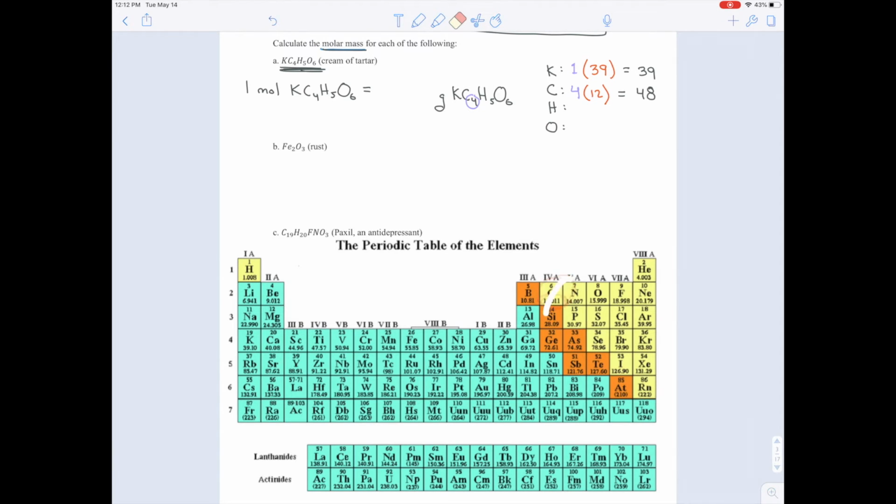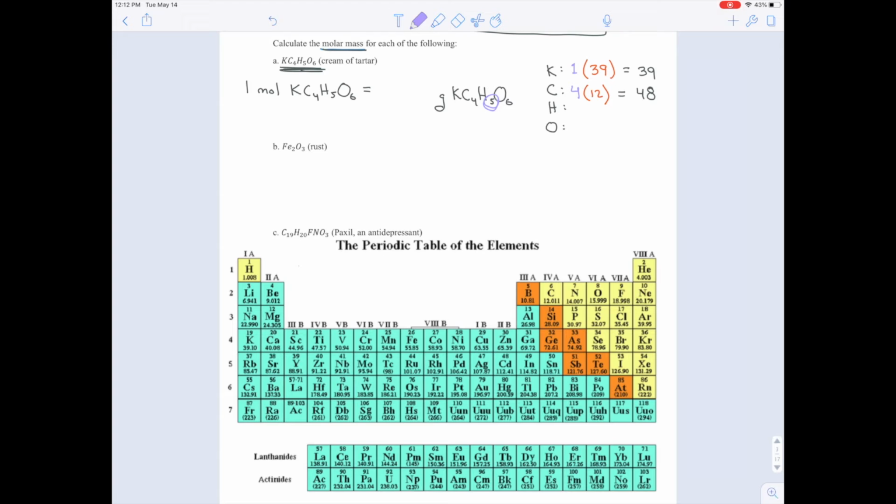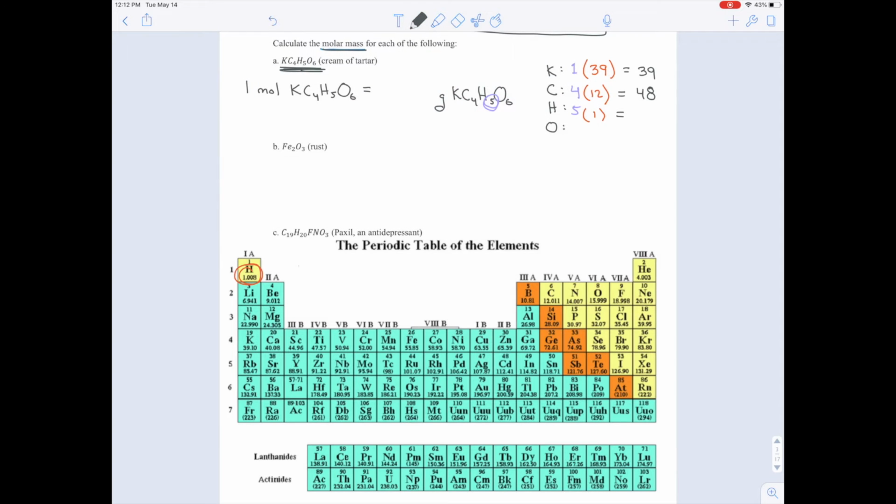Okay, now hydrogen. We have 5 hydrogens in this molecule. Hydrogen's in the top right, and each mole of hydrogen weighs 1 gram. So altogether, the hydrogens in this molecule will contribute 5 grams.